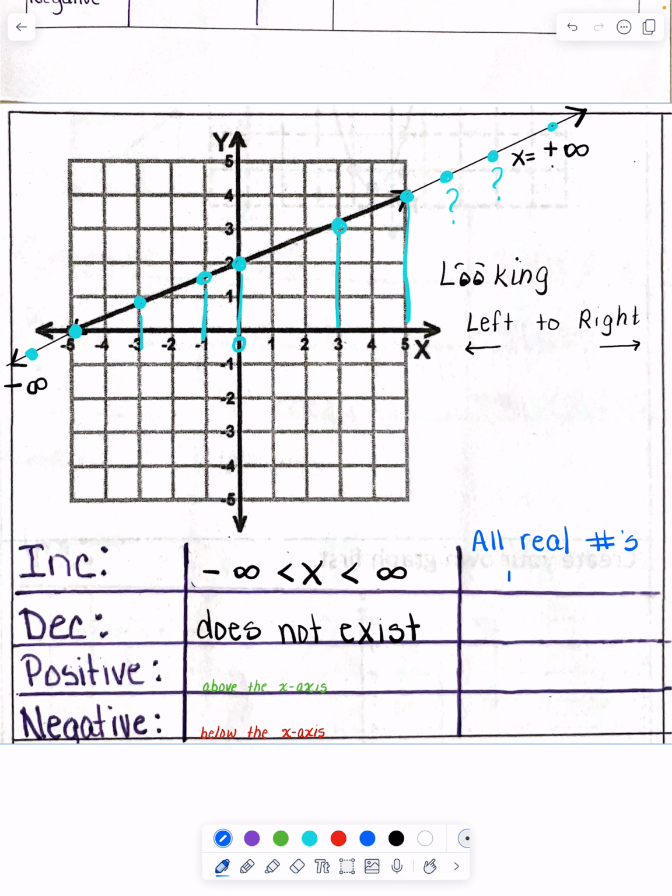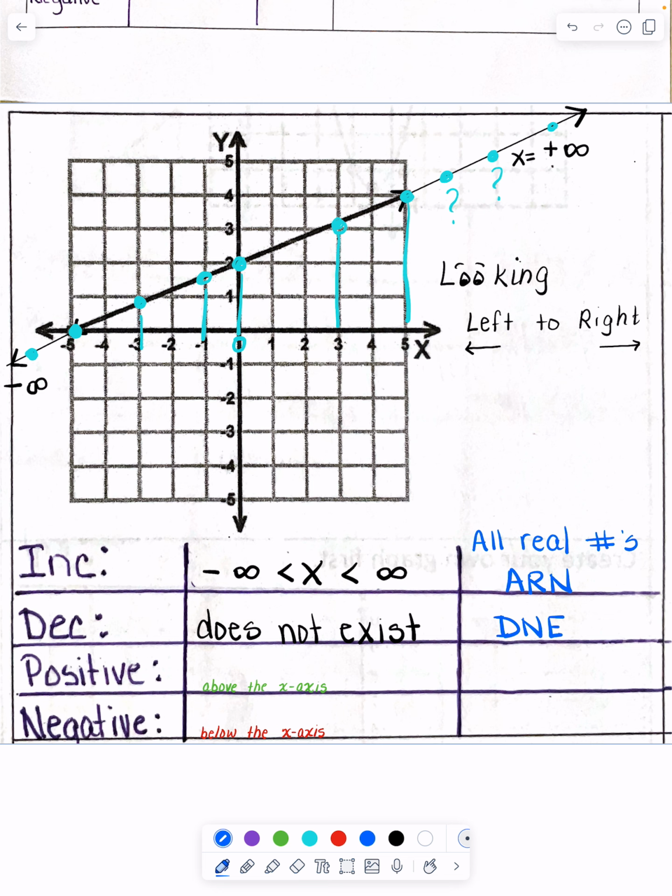Or abbreviate that, ARN. Okay. When does this one decrease? It doesn't. So we could put it does not exist for decreasing. Remember, because we're reading from the left to the right, as we look from the left to the right, this graph never goes down.